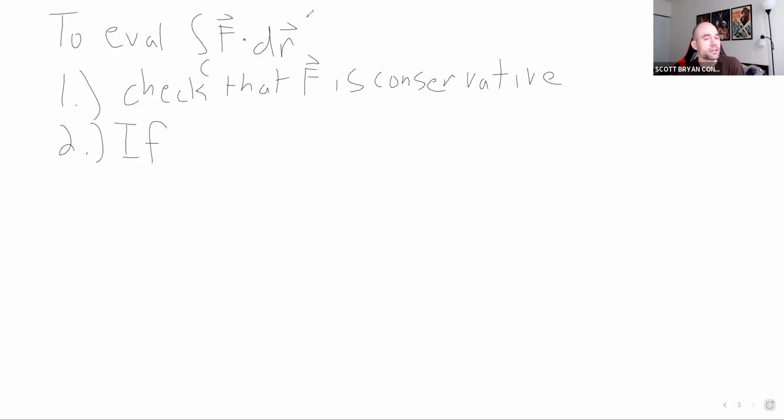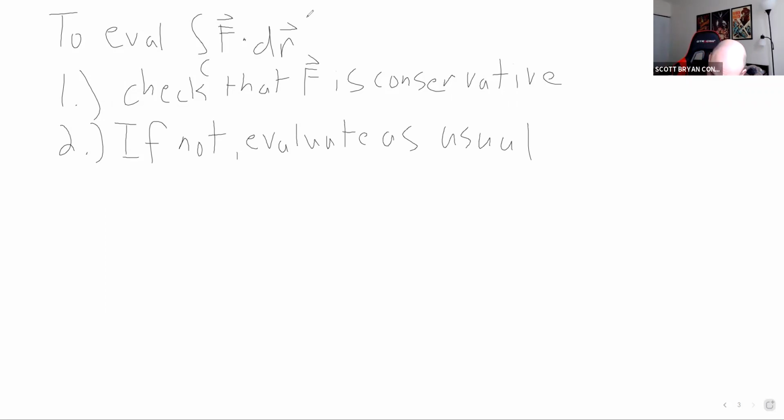So if you check your vector field, you see that it's not conservative, you just have to go ahead and evaluate it as a line integral. Parameterize, plug in the parameterization, dr becomes r prime dt, etc. Nothing you can do if it's not conservative.